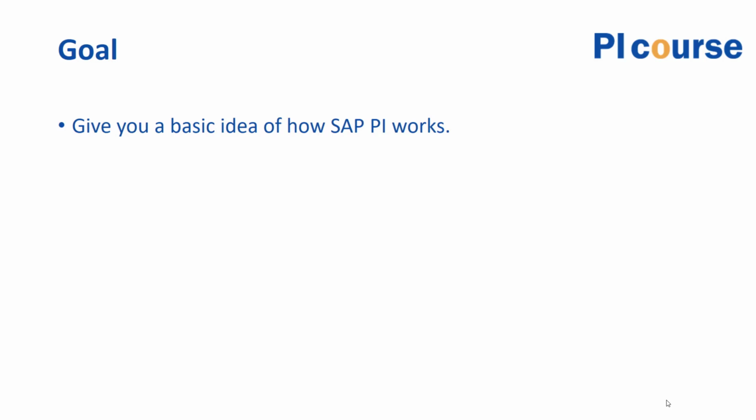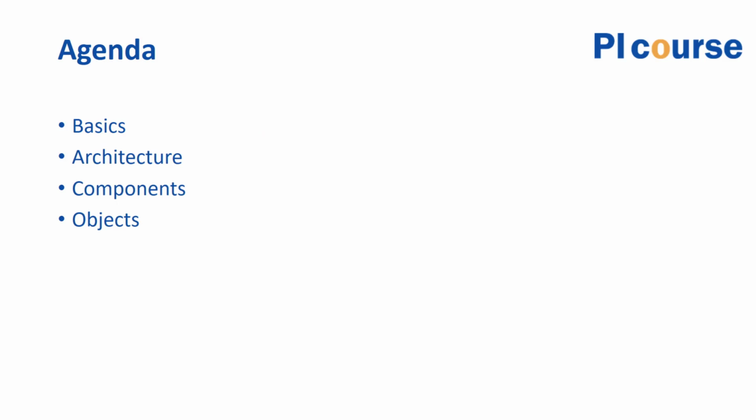So hopefully this will give you an idea about how SAP PI works. What are the components? What are the terms that we're using to describe what's going on in this landscape? So the agenda I'll be sharing is a little about the basics.